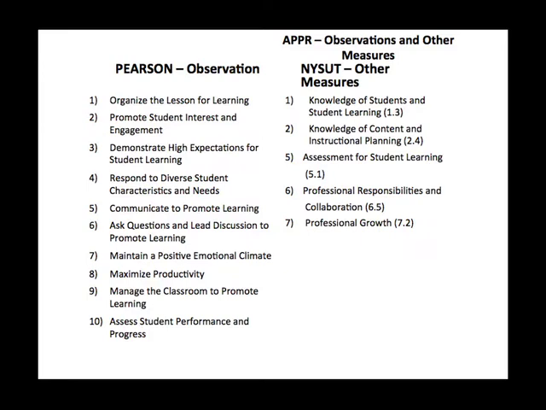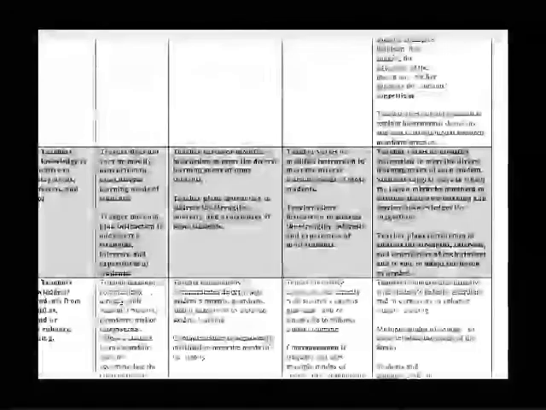For Standard 5, it's element 5.1. For Standard 6, it's element 6.5. And for Standard 7, it's element 7.2. Now let's take a look at the NYSUT rubric so we can better understand the differences between the overall standard and the required elements.